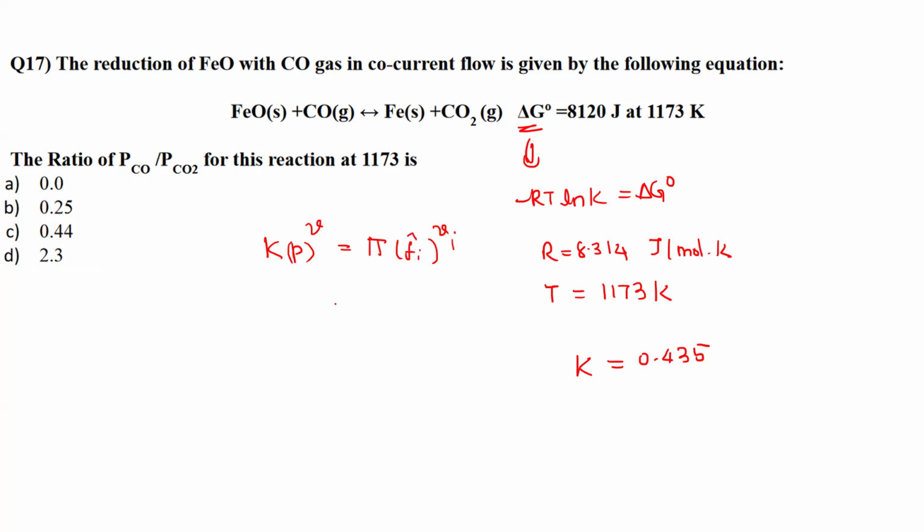This is equal to yCO2. Here only these are the gases. Solids are not gases. Fe and FeO are not gases here. So I am writing this as yCO2 into P by yCO into P.